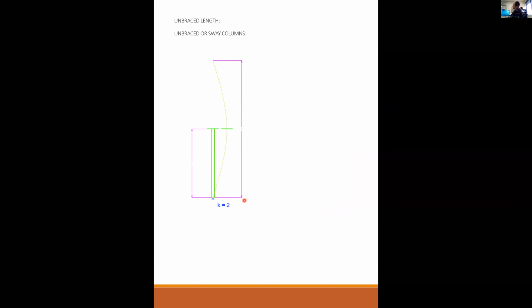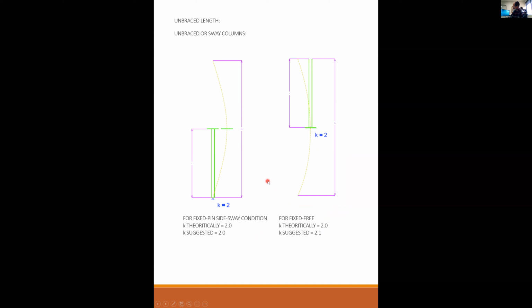If you have a pinned-fixed that allows sway, so a fixed-pin side sway condition, K is theoretically 2, and you can go ahead and use 2 for that. And for a fixed-free condition, K is theoretically 2, and you can use a suggested 2.1.